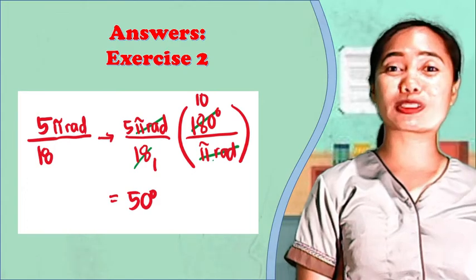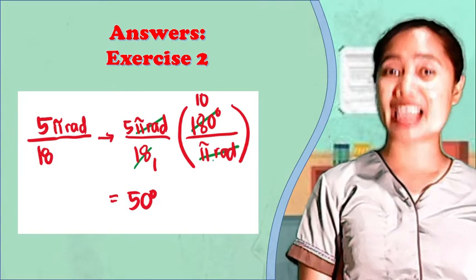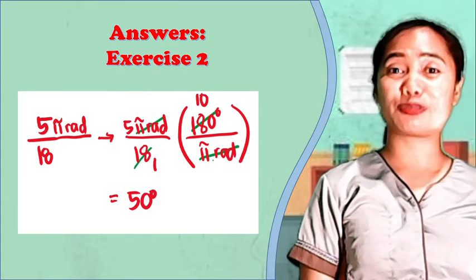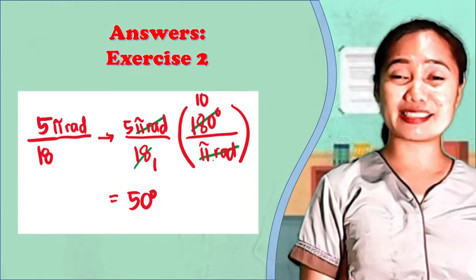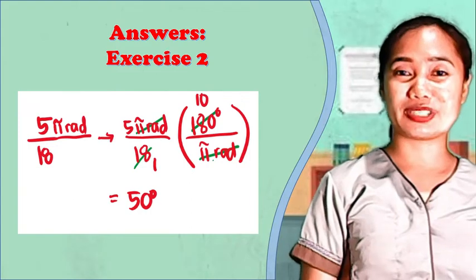So that would result to 5 times 10, which is 50 degrees. That would be the answer for number 3. Did you get it all correctly? Well, if you don't get it correctly, you can always rewatch this video before you proceed to the evaluation part.